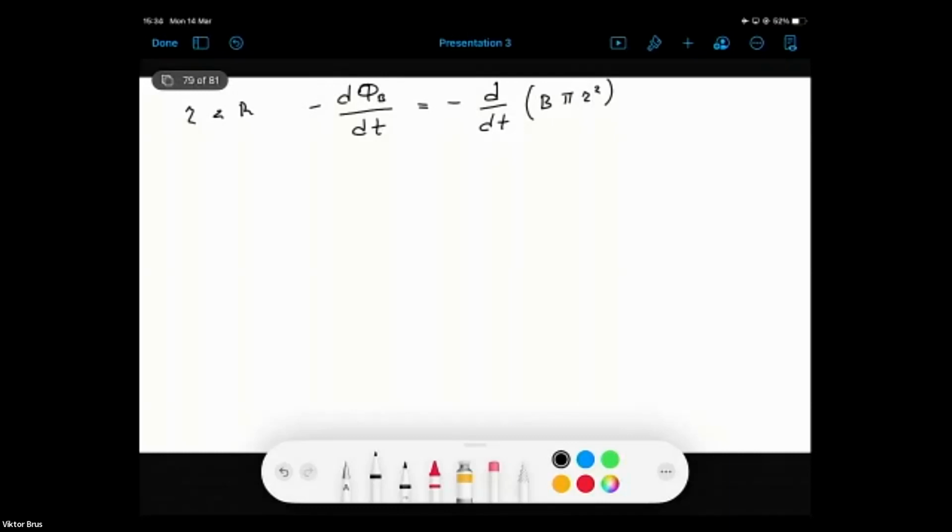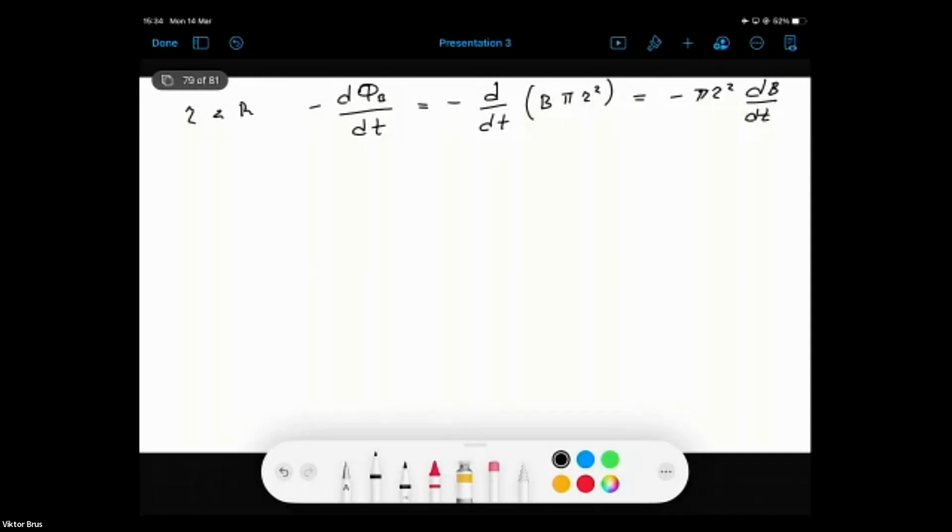Now it's smaller, so we need to consider not the area of the whole cross section of the solenoid, but the area of the loop, which is located inside the solenoid. So that's why we have minus pi r squared times the first derivative of the magnetic field over time.